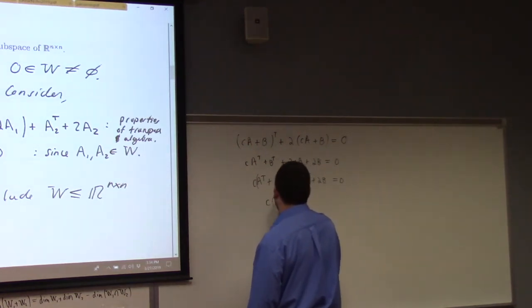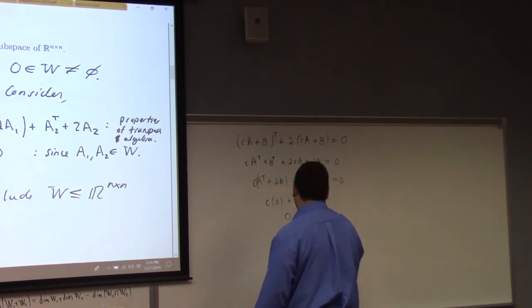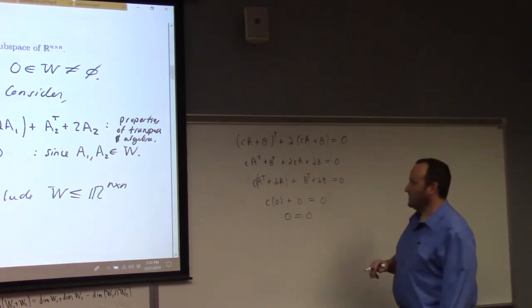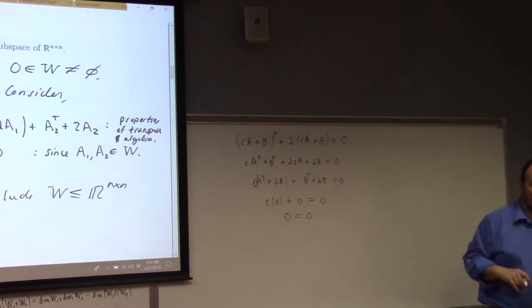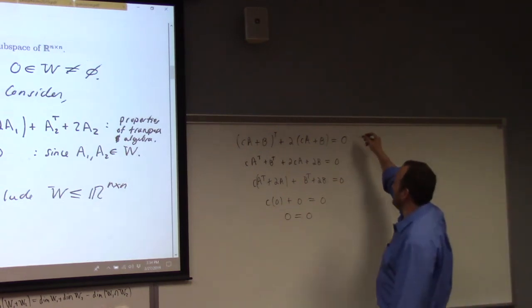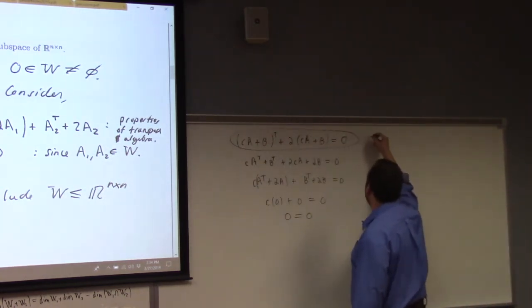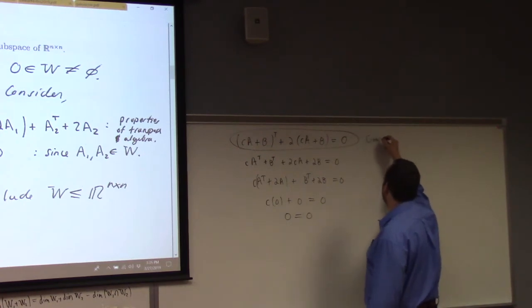So then C times 0 plus 0 is equal to 0. So then 0 is equal to 0. This is what I would commonly refer to as a 0 equals 0 proof. This is not how we write proofs in mathematics, though. Because this is what you're trying to show, it's bad form. Our goal is to show this.